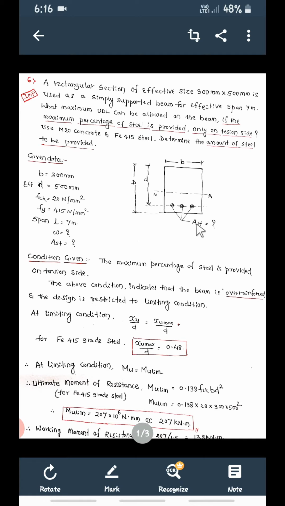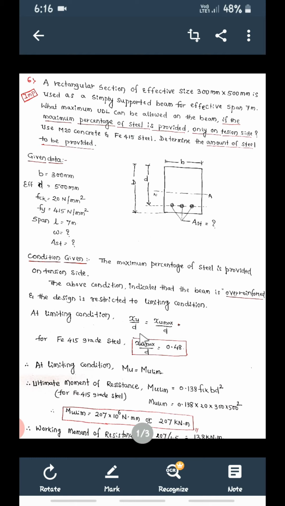Okay, so according to the condition, the beam is restricted to limiting condition. So what is limiting condition? At limiting condition, actual neutral axis depth xu is equal to maximum neutral axis depth or limiting depth of neutral axis xu max, or you can say that xu by d is equal to xu max upon d for this condition.